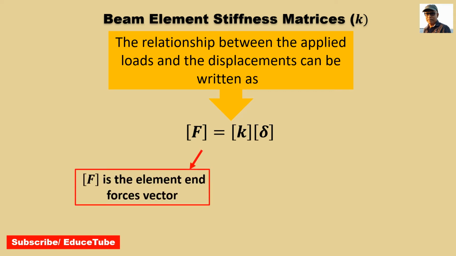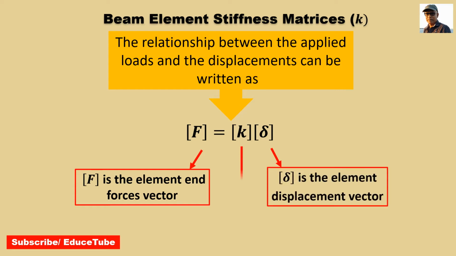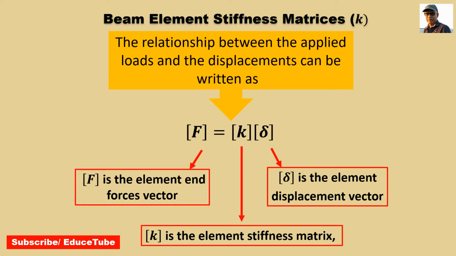F is the element force vector, and K is the element stiffness matrix, and delta is the element displacement vector. So we understand now these three terms. Let's move ahead to understand more details of it.